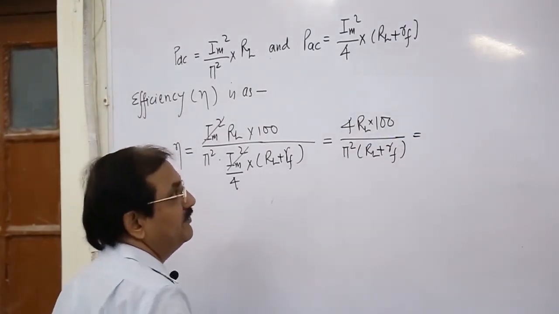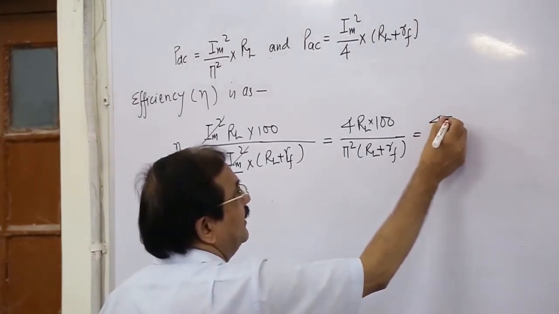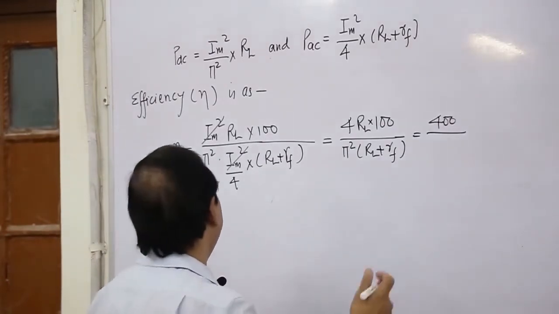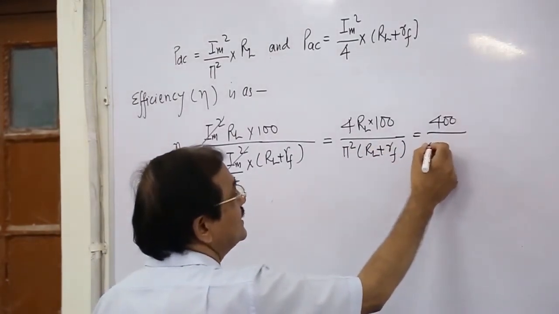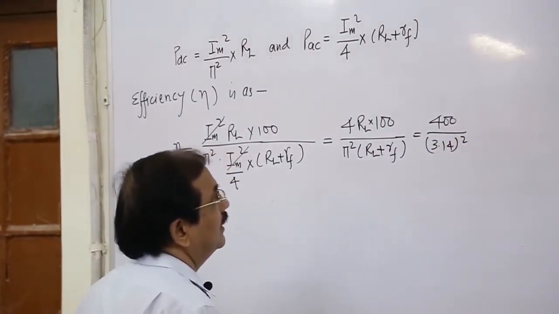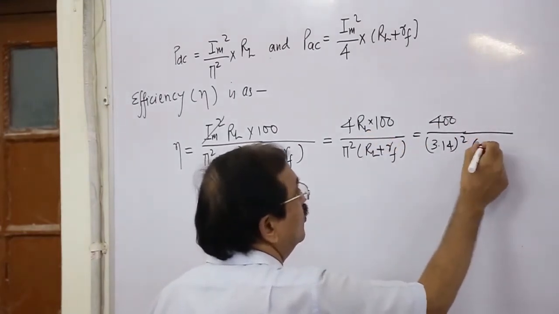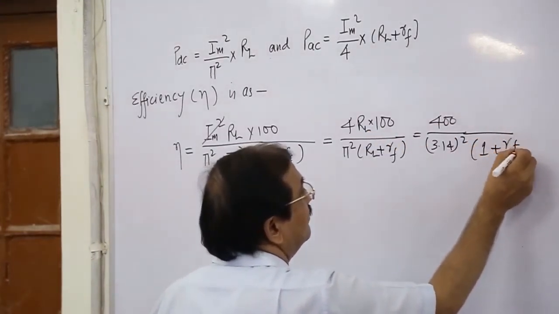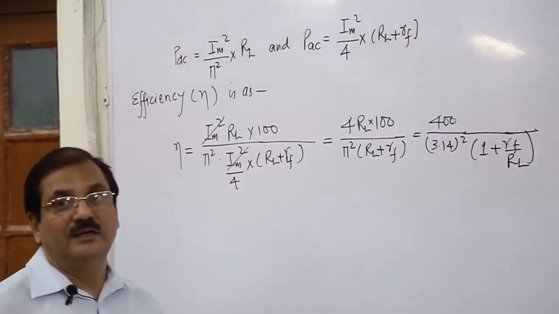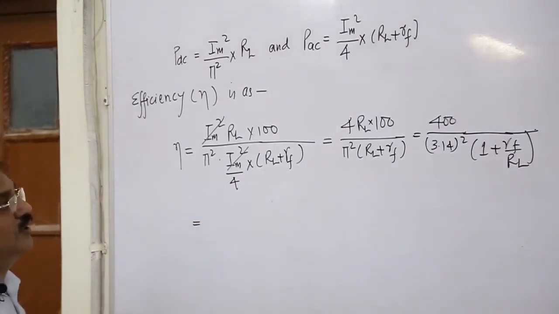Simplifying, this is 400 upon pi square, 3.14 whole square, and this is RL into 1 plus RF by RL. So, what will be the value?